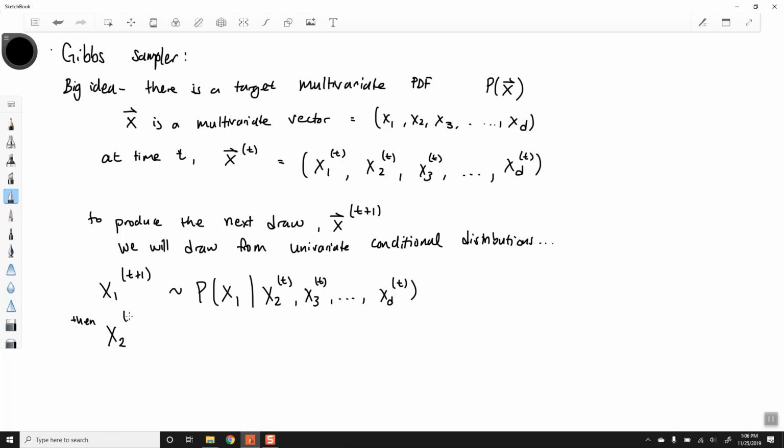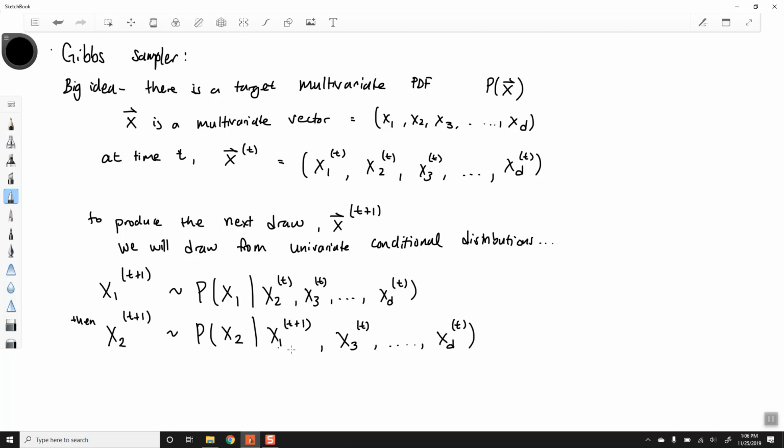We draw x2 at time t plus 1 from the conditional distribution of x2 given that x1 has the value at time t plus 1, the value that we just drew, x3 at time t, up through xd at time t.